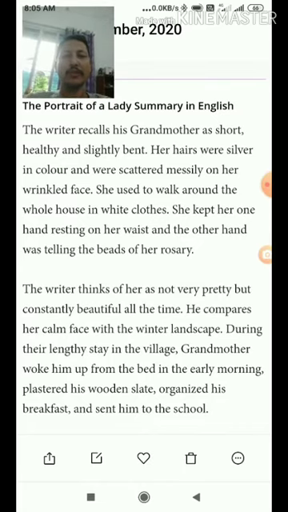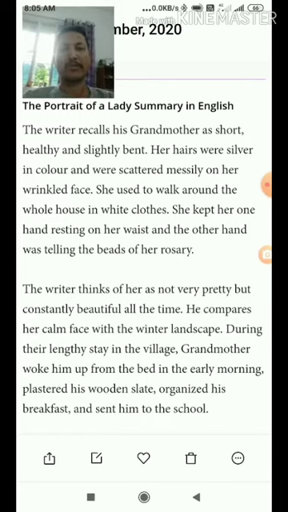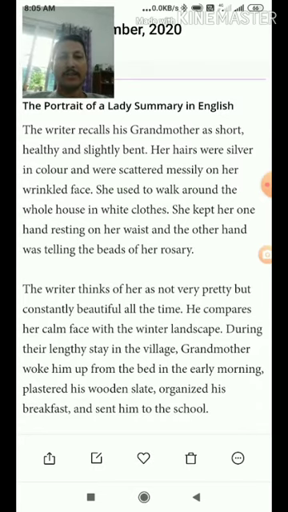She used to walk around the whole house in white clothes. Since her husband died long ago, according to Hindu tradition, a lady whose husband has died generally wears white, plain clothes. She kept one hand resting on her waist and the other hand was telling the beads of a rosary. She used to have a garland with small beads, each bead connected with thread.